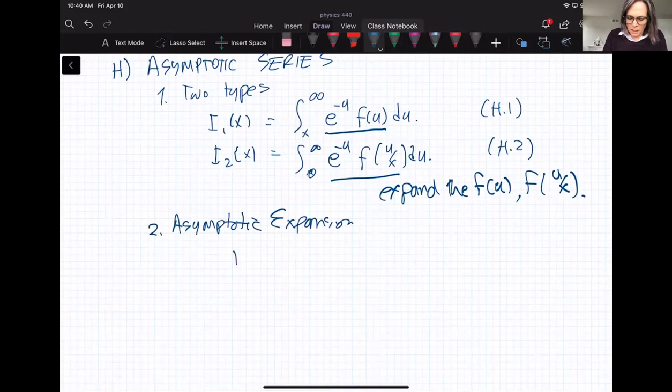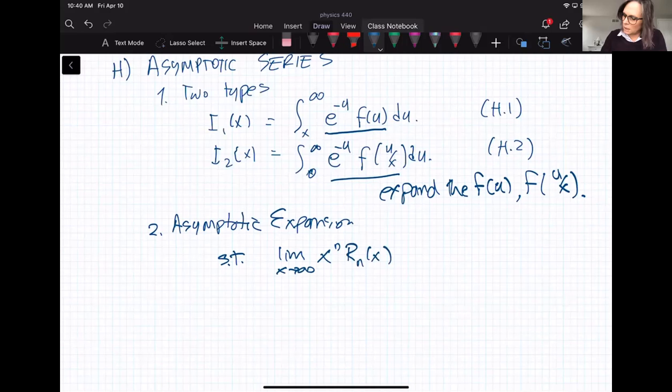That is an expansion of f of x that has the properties such that the limit as x goes to infinity of x to the n r sub n of x equals 0 for fixed n.